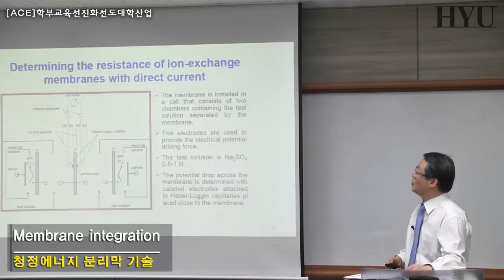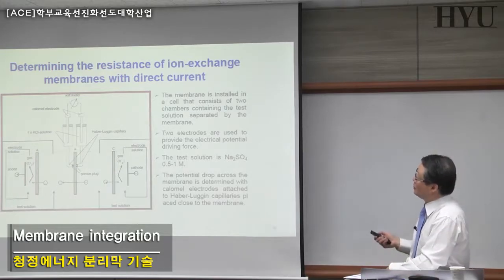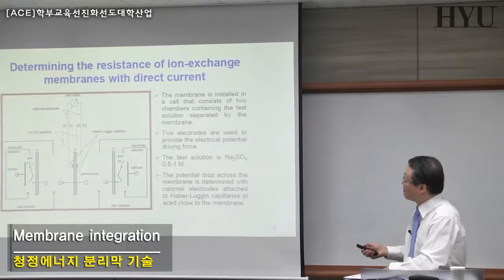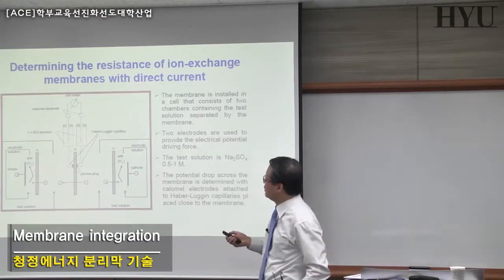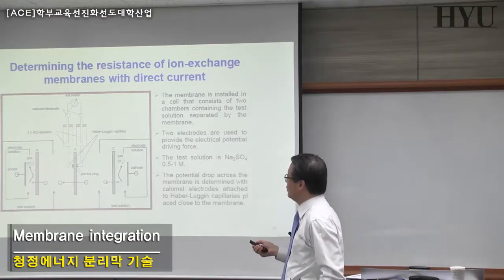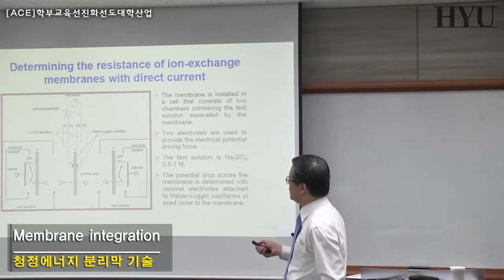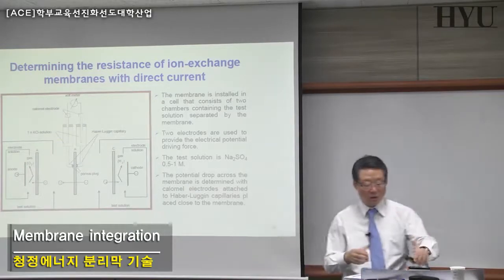The first thing that you will do to determine this resistance is, in this case we are using direct current, DC. So we put the membrane here. Usually in this case we use one normal KCl solution as an electrolyte.